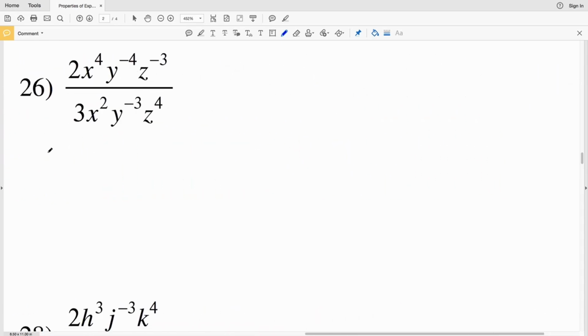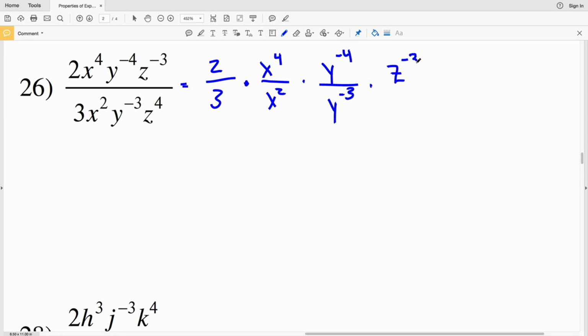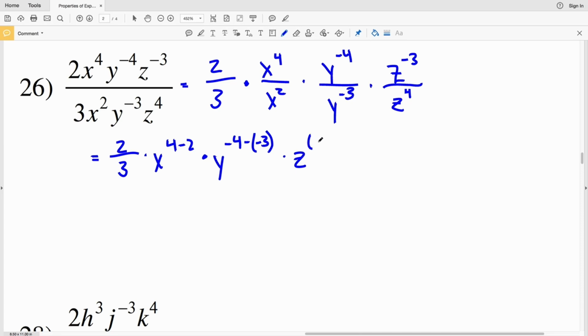And number 26, I'll have 2 over 3 times x to the fourth over x squared times y to the negative fourth over y to the negative third times z to the negative third all over z to the positive fourth. So this will be 2/3 times x to the 4 minus 2 times y to the negative 4 minus negative 3 times z to the negative 3 minus positive 4.